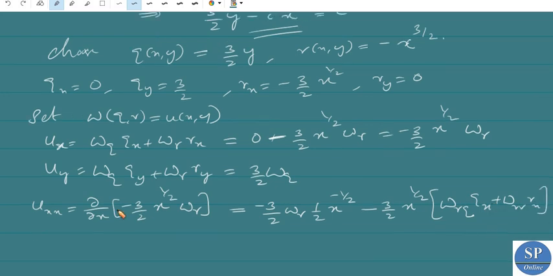Okay, so this is equal to minus 3 by 2 w_r, minus 3 by 4 from this, minus 3 by 4 into x power minus 1 by 2 w_r, and from this we get minus 3 by 2 x power 1 by 2 into q_x, which is 0, so the first term is 0 here, plus r_x is minus 3 by 2 into x power 1 by 2 into w_rr.